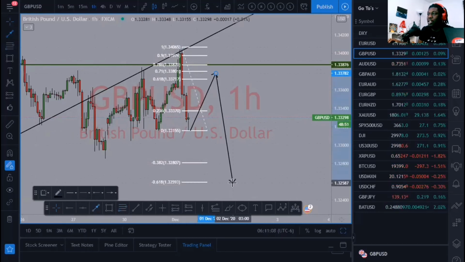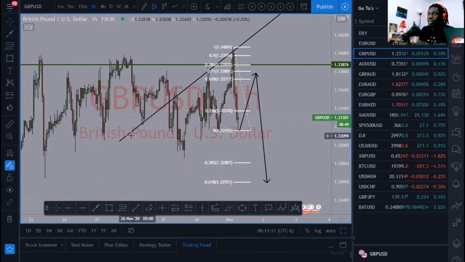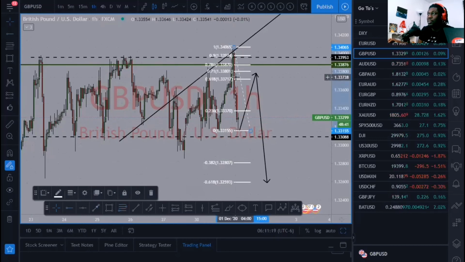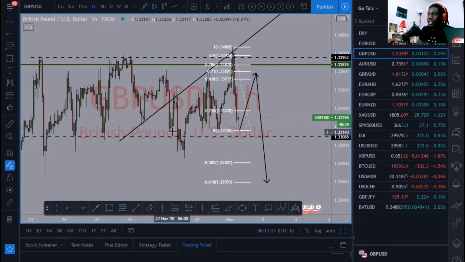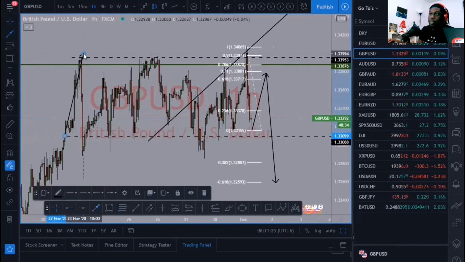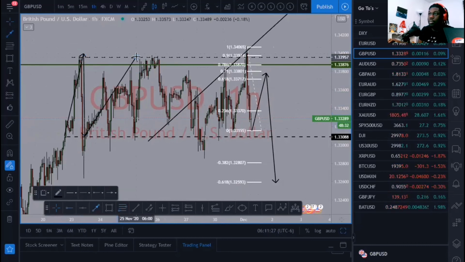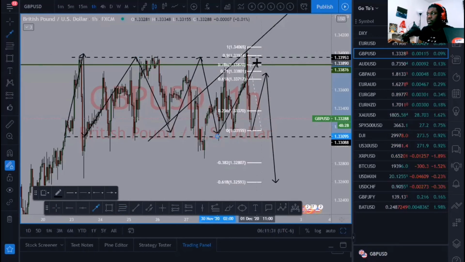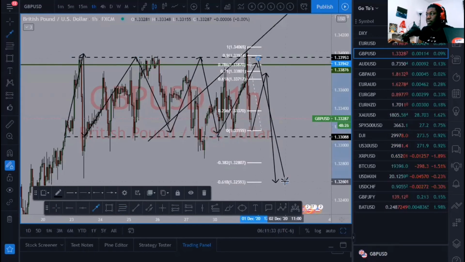And hopefully we could finally get price to break through this structure right here, because price has just been playing in this zone for the past however many days. It's just been up, down, up, down, up, down, up. So I would love for price to break out.